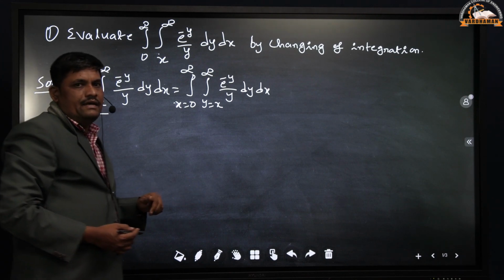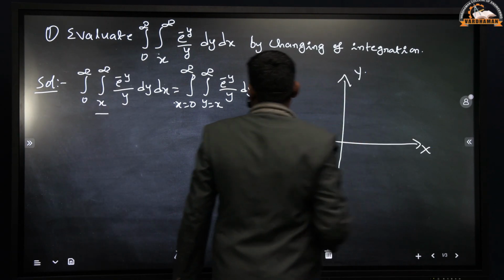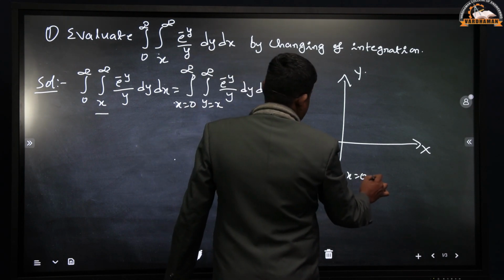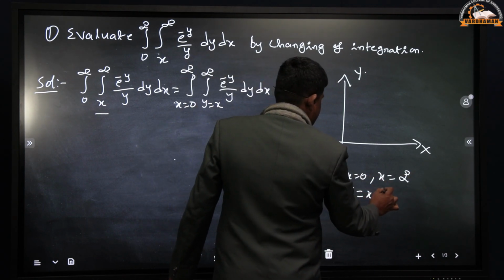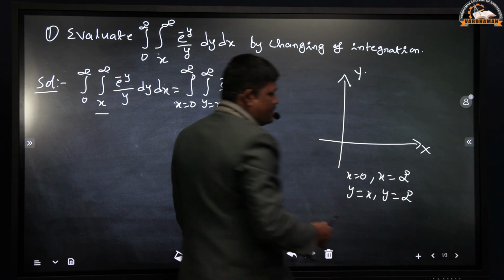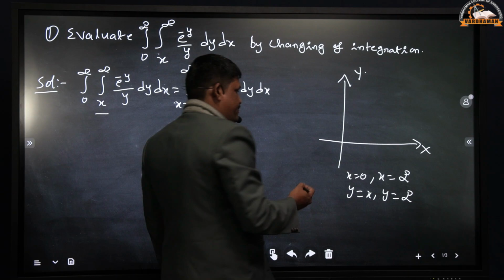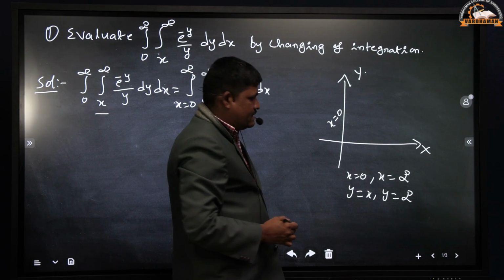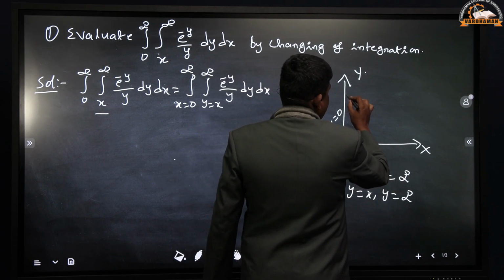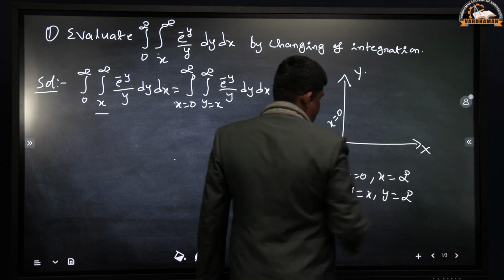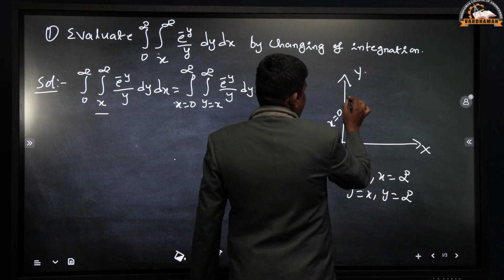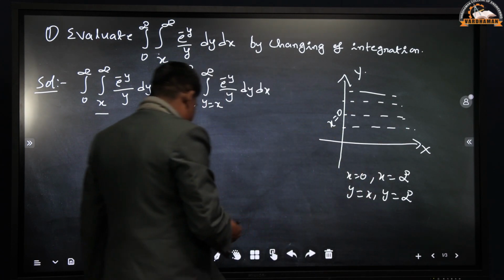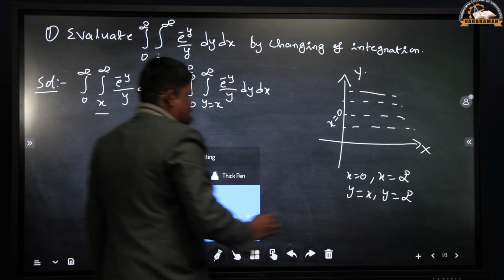For that, you need the diagram, with the x-axis and y-axis. Here x is 0, x is infinity, y is x, y is infinity. Let's make the rough diagram. X is 0 gives the y-axis, and x is infinity means from here to here. Now y is equal to x; I'll change the color.